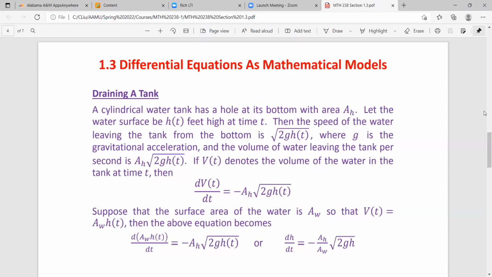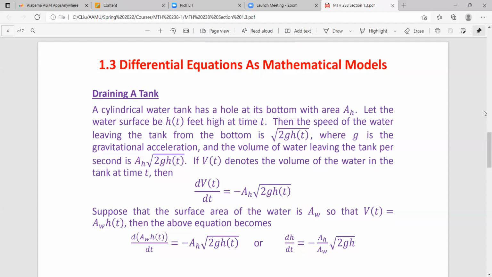So let's say V of t denotes the volume of water in the tank at time t. So that's the water in the tank. It just reduces as time goes on. So the rate of change of the volume, as I just said, dV over dt, is just negative A sub H times square root of 2gh.